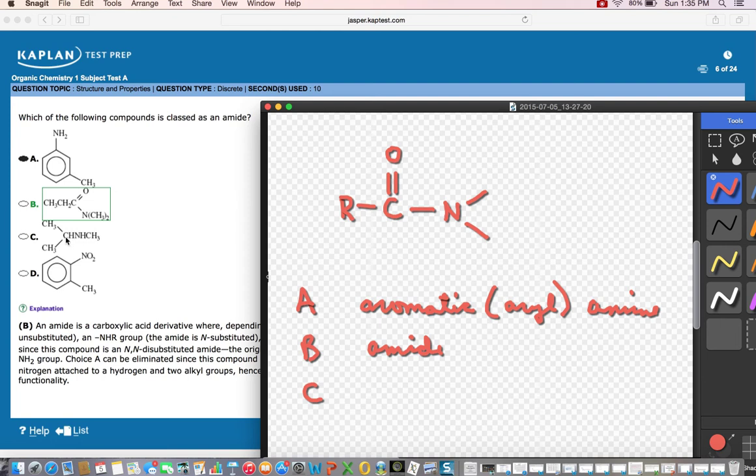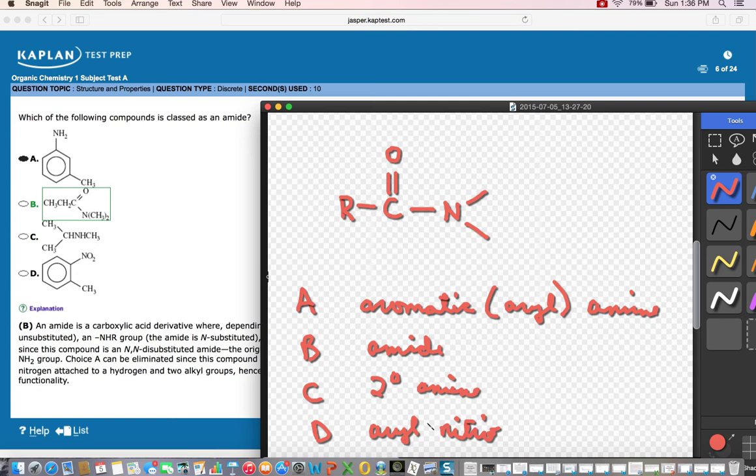I have a carbon bonded to a nitrogen bonded to another carbon. So that would be a secondary amine. No carbonyl at all. And of course, D is an aryl nitro compound.